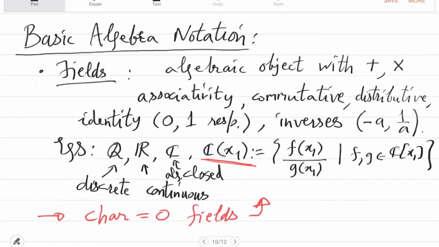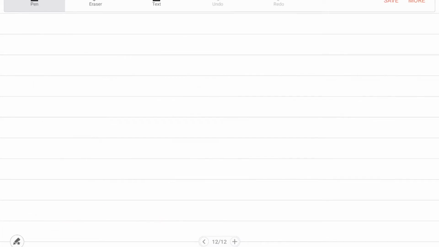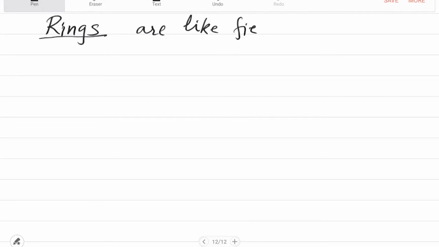So now you have fields. Did we talk about rings? Yeah, we should also talk about rings. So a ring is like a field, but not quite. Some properties are missing, except that we will drop commutativity and multiplicative inverse.